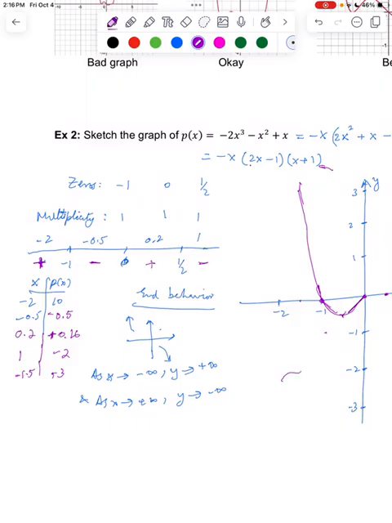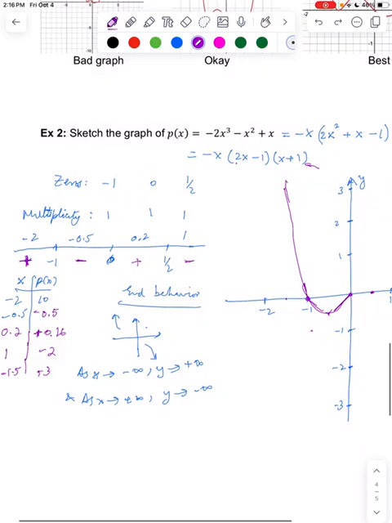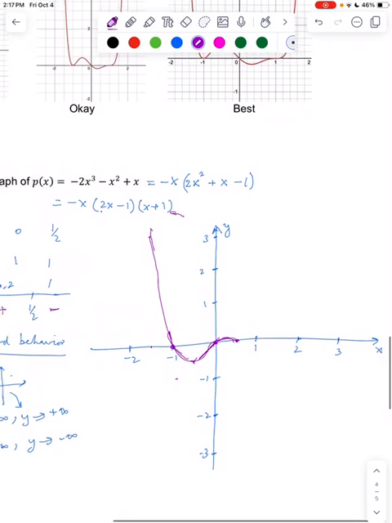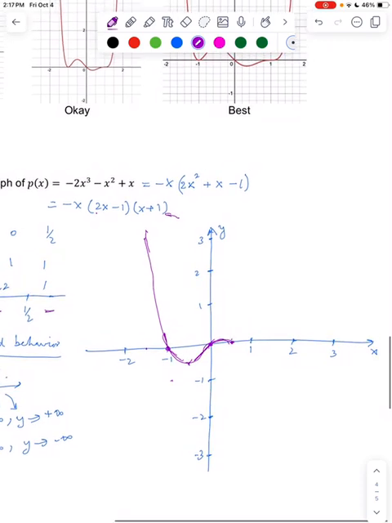So it will cross again, but at 0.5, so this is a very small bump here, just like this, and then going down. So this is what the function will look like.